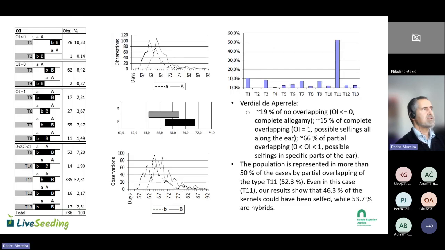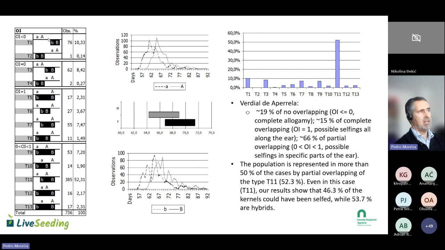As you can see, what I was telling you, if you remember about A, that is the male flowering, the beginning and the end, and the female flowering, the beginning and the end, you see that there's no overlapping.